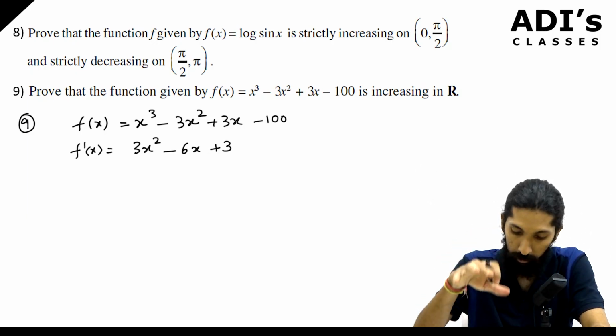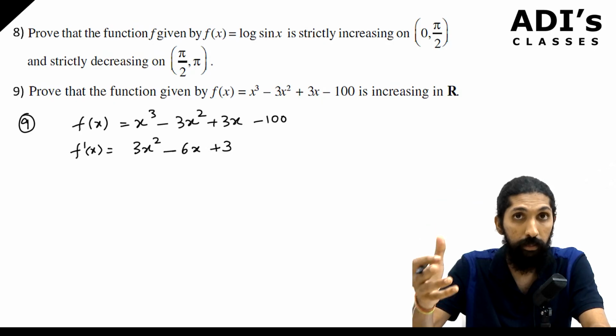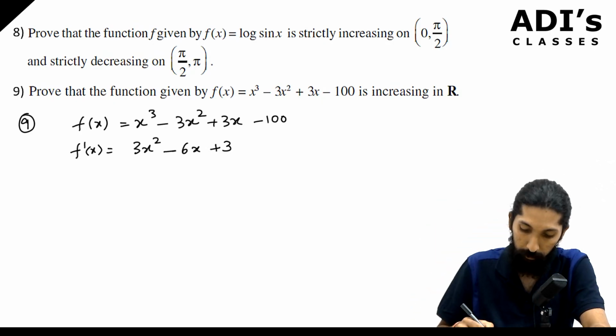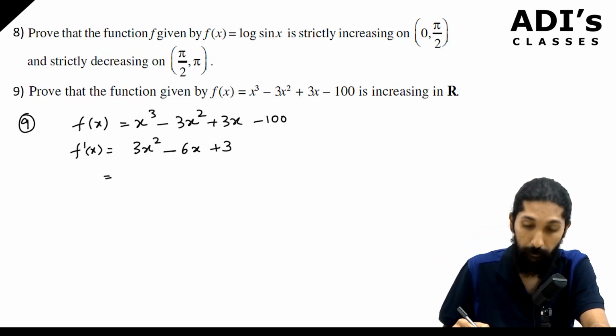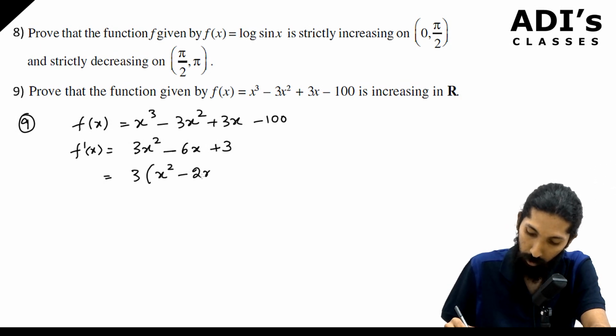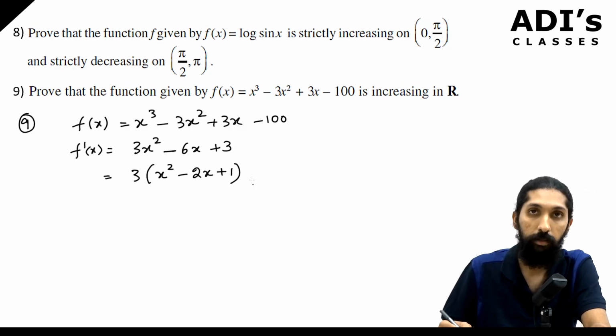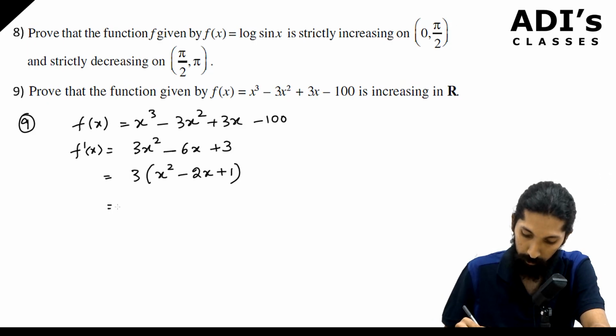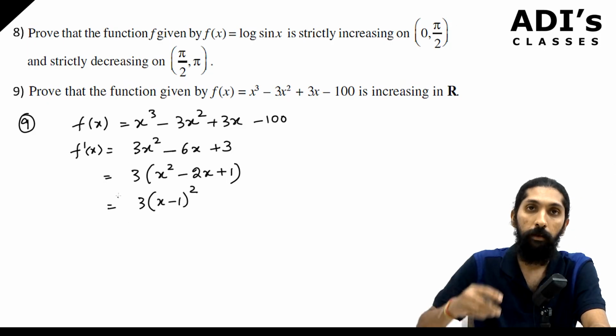Now we need to show that this value is always greater than 0. For that, maybe you can take 3 as common: 3 into (x square minus 2x plus 1). Right? And what is this value? 3 into (x minus 1) whole square.